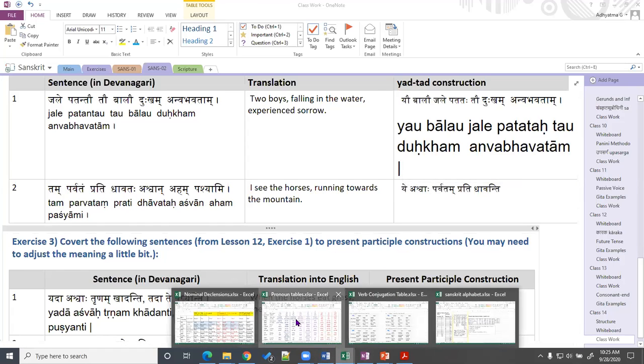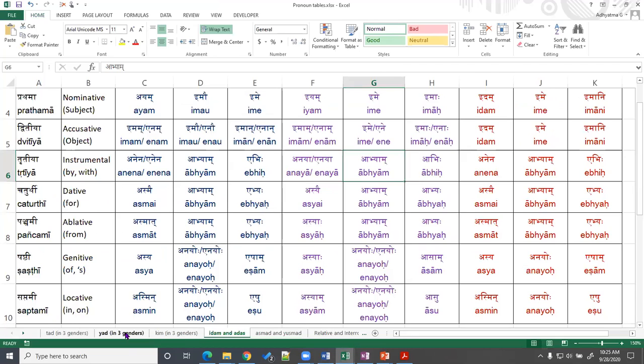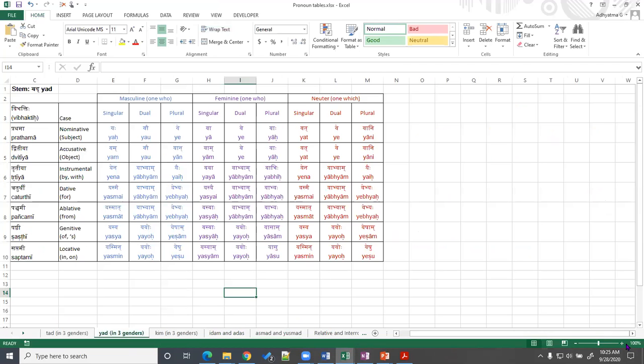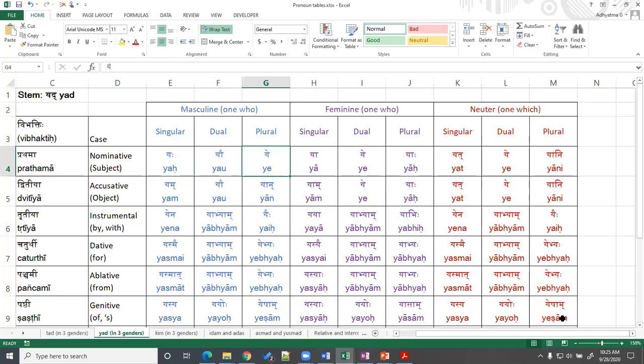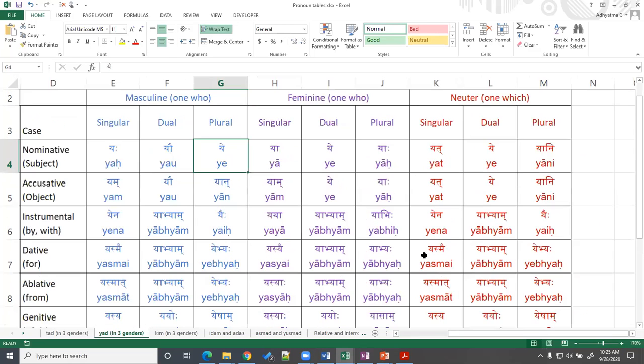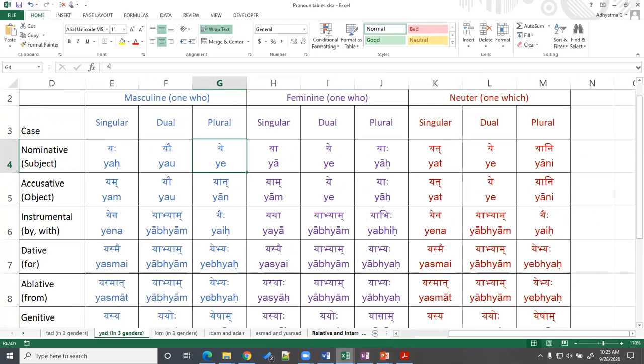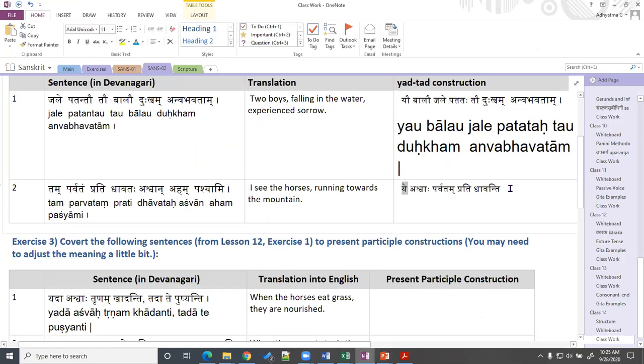That is yat: yaha, yau, ye. Yaha, yau, ye. So ye is the plural. So ye ashwaha parvatam prati dhavanti.